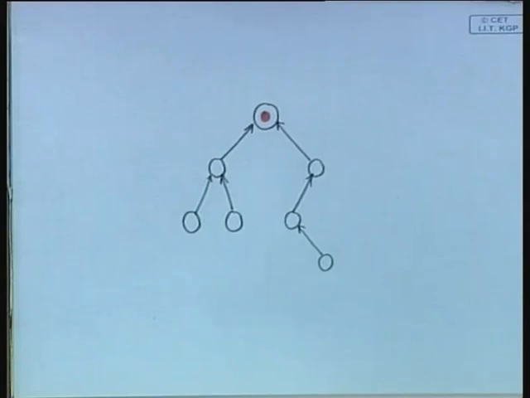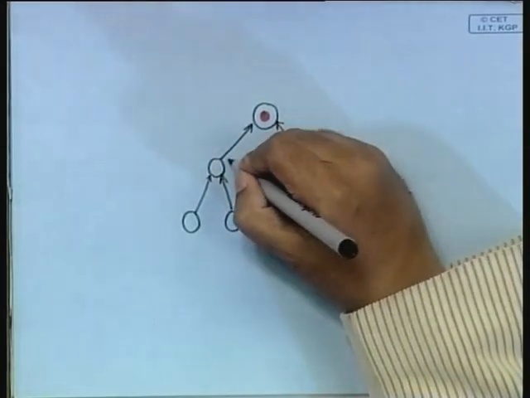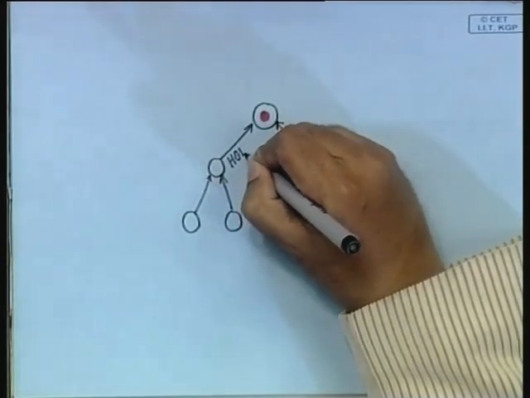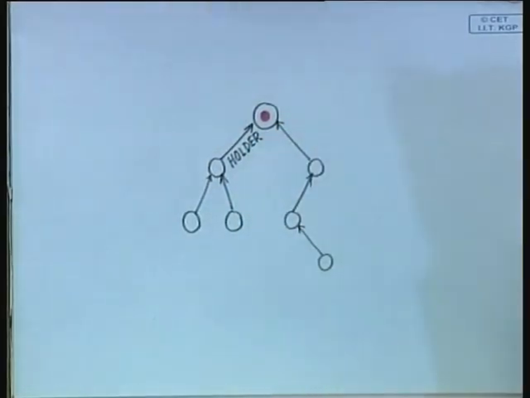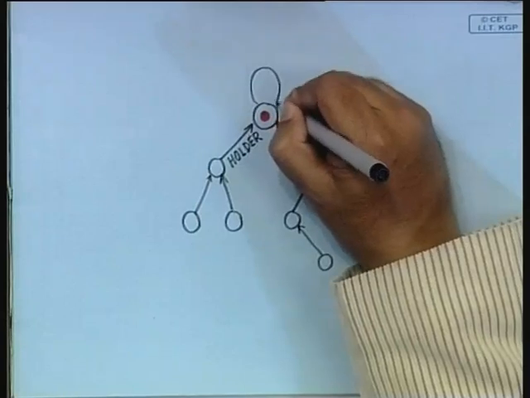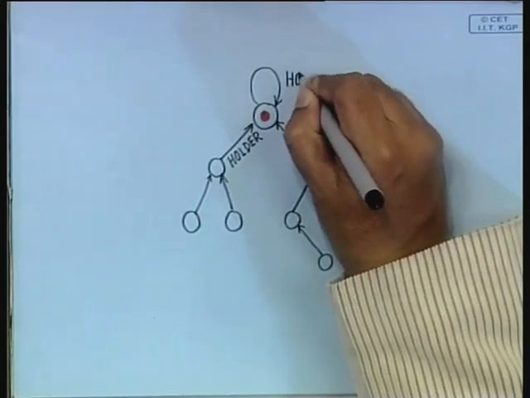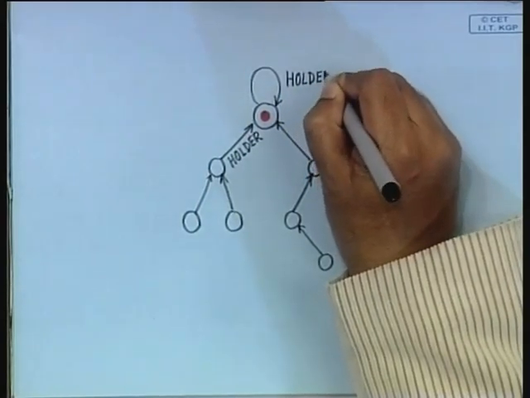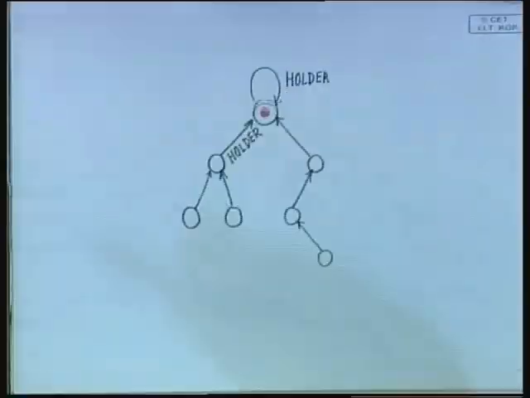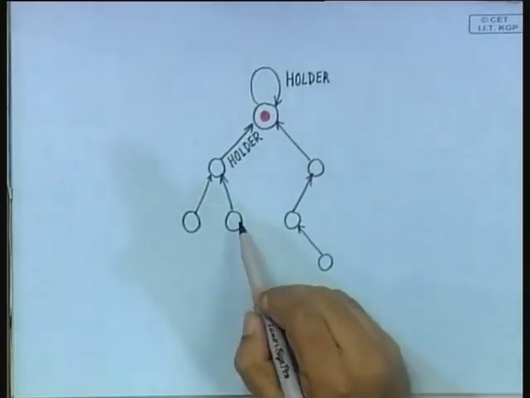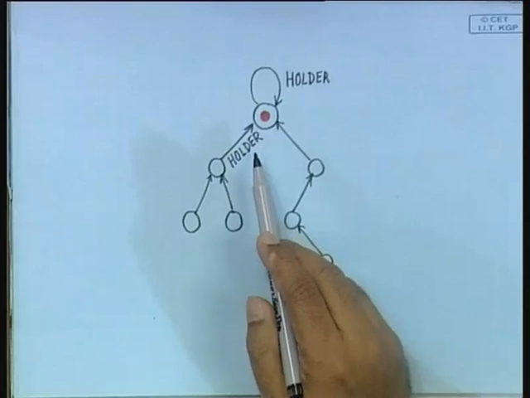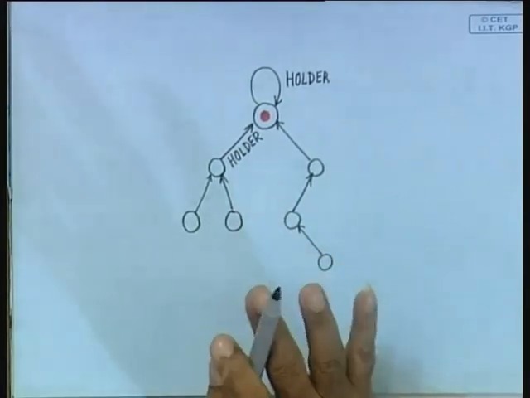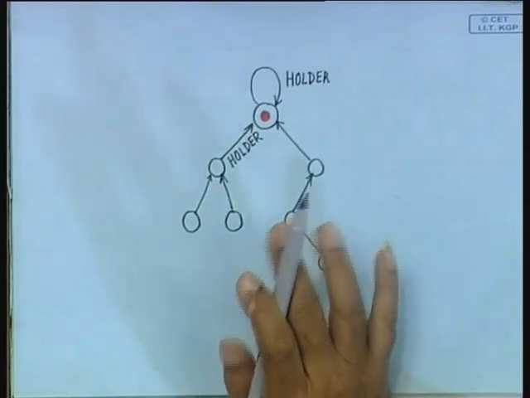So, these are the holder pointers. And for the root, the holder points to itself. In other words, every node knows the direction in which the token is, and it will use that direction to forward its request, right.